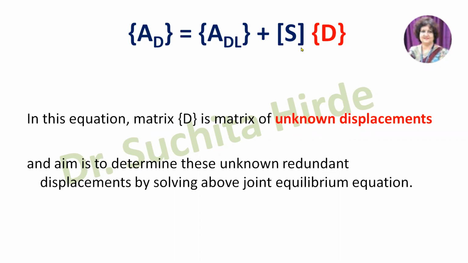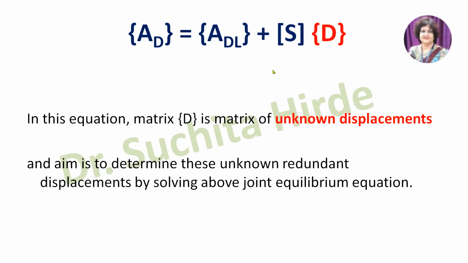Now in this equation, the D matrix is the unknown matrix. So the aim is to determine these unknown redundant displacements by solving the above joint equilibrium equation. This equation is nothing but a joint equilibrium equation.